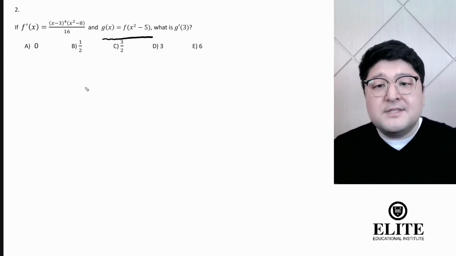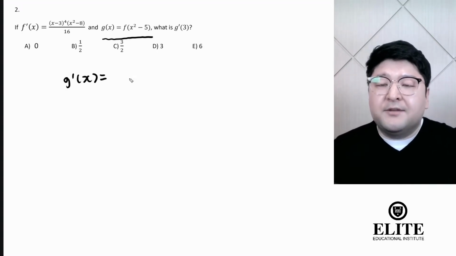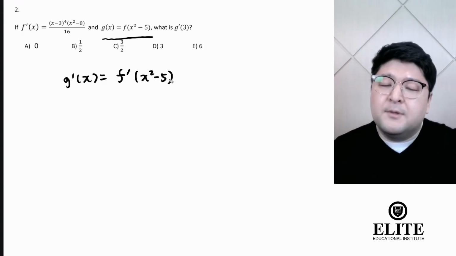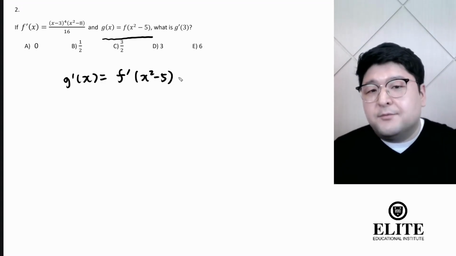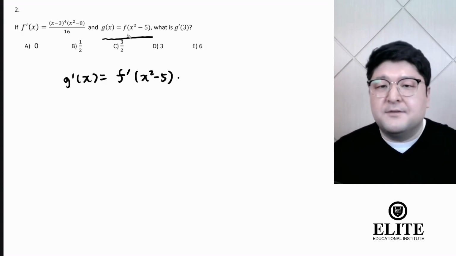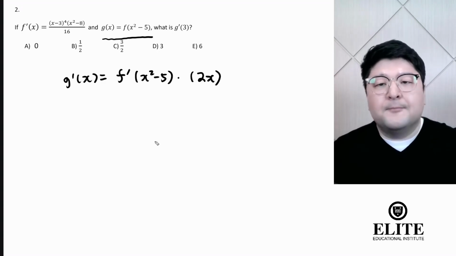So the first thing we have to do is take the derivative of g and find g prime of x. We take f prime of (x squared minus 5). But that's not it. Don't forget, anytime we're taking the derivative of a function within a function, we have to multiply by the derivative of the inside by the chain rule. We have to multiply by 2x.